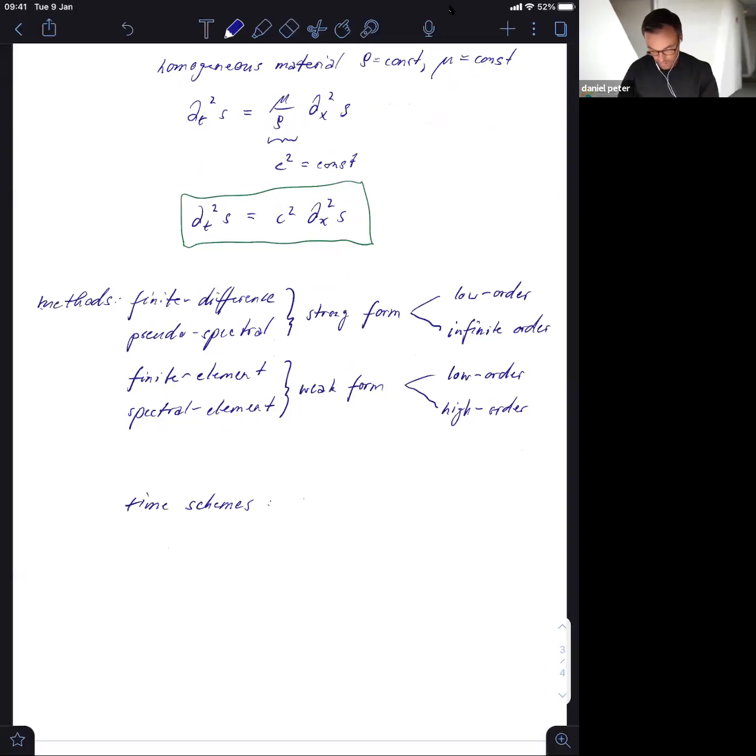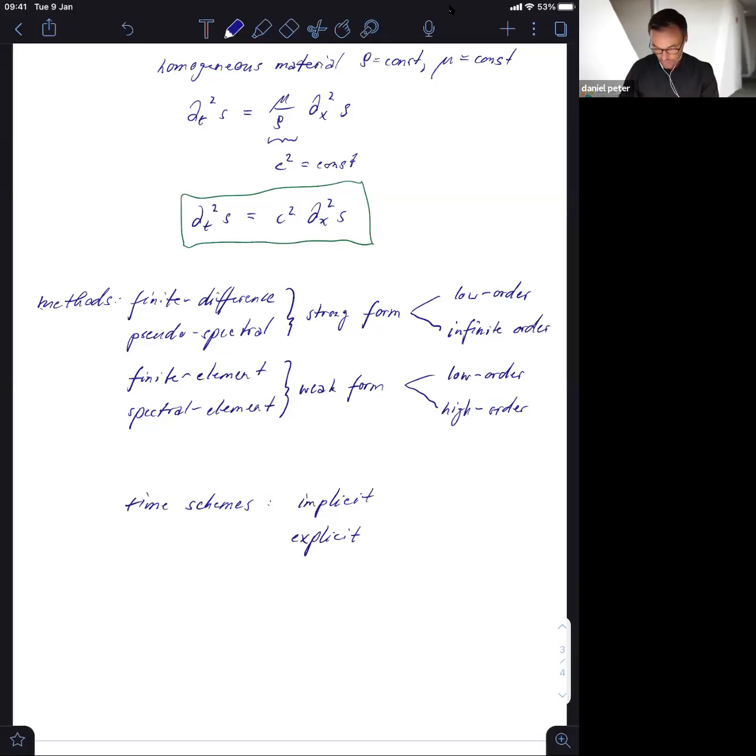So the main characteristic was if it was an implicit or an explicit scheme. So we looked at both when we looked at the finite difference methods. We had both an implicit scheme and an explicit scheme, depending on what the choice was for the finite difference approximations.